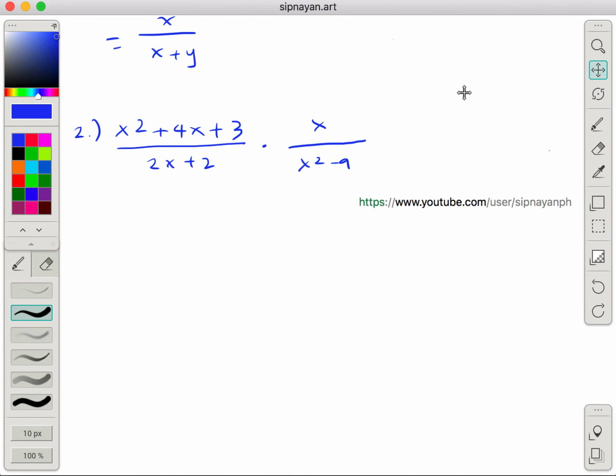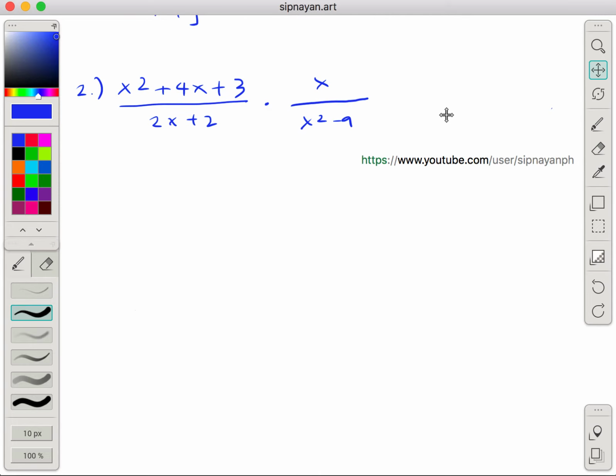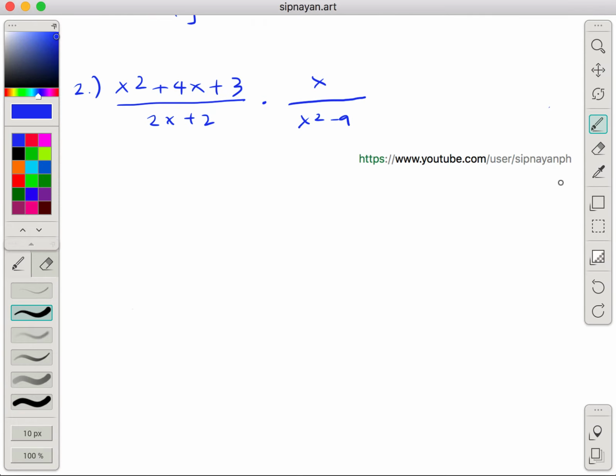Number 2, we have x squared plus 4x plus 3 divided by 2x plus 2 times x divided by x squared minus 9. Mapa-factor ba natin ito? Yung first term, x squared siya, so malamang x and x yan. Tapos yung pinaka-last term natin dito, we have a 3. Ano ba yung mga factors ng 3? Anong numbers na ang product niya ay 3? Pwedeng negative 1 tsaka negative 3, tsaka positive 1 tsaka positive 3.